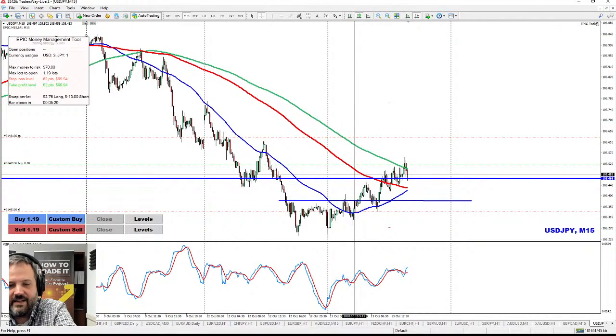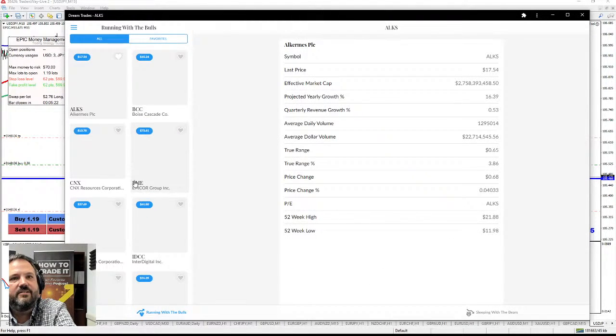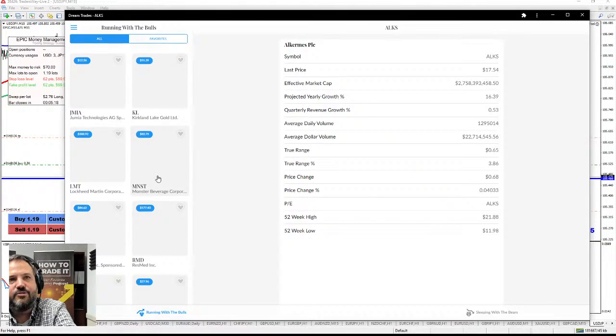Okay, well, while we're waiting, while I'm just managing these trades, I want to look at the stock trades. I'll show a couple that I did yesterday. I traded this monster yesterday. So let me pull that up.